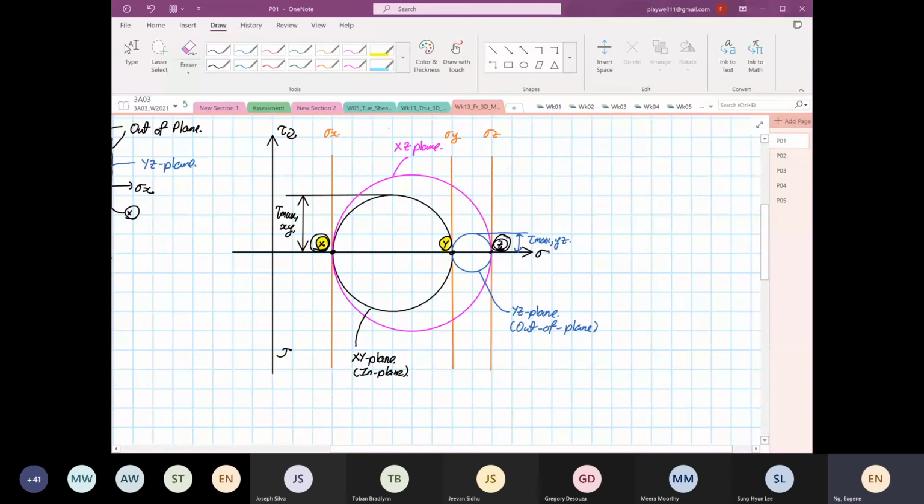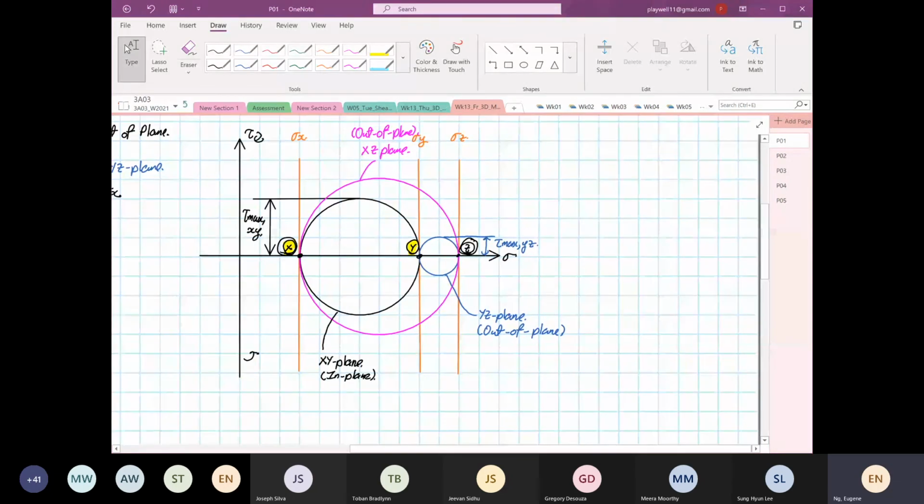We also know our XZ plane is our out of plane. So from here, we are also aware that this will be our tau max.